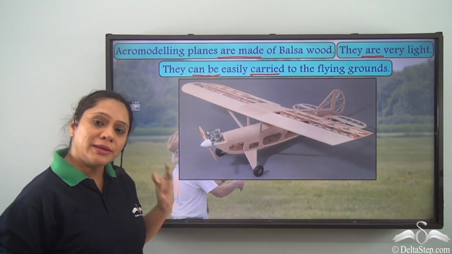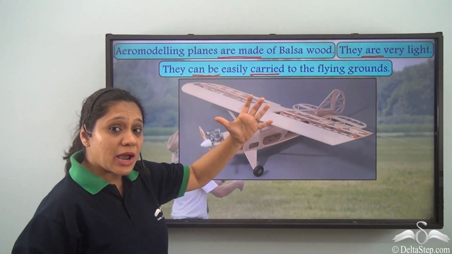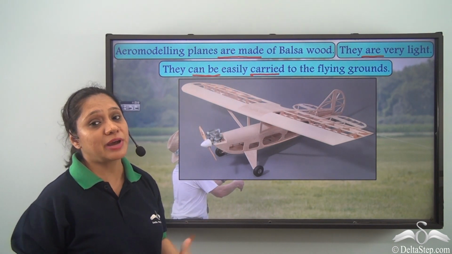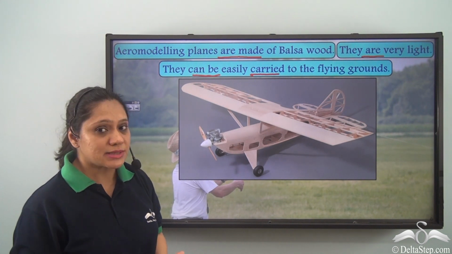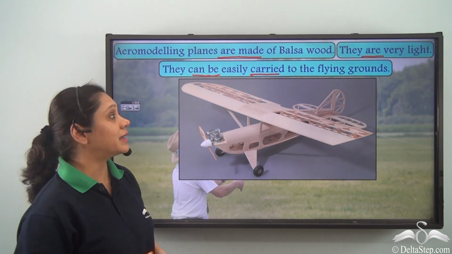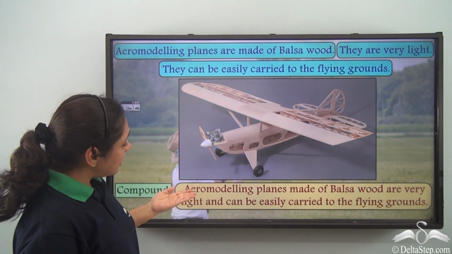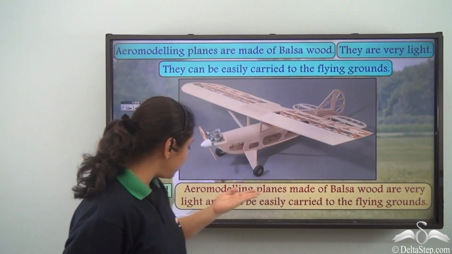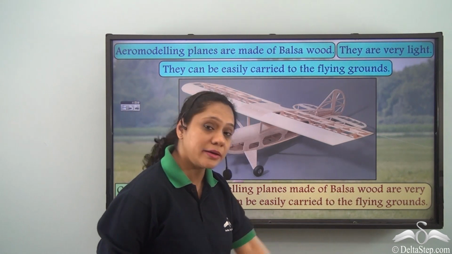Now, how do we join the three independent clauses? If we use conjunctions to join all the three clauses, the sentence is going to be a very, very long sentence. To avoid writing a long sentence, what we have done is, we have joined it as, aeromodeling planes made of balsa wood are very light and can be easily carried to the flying grounds.